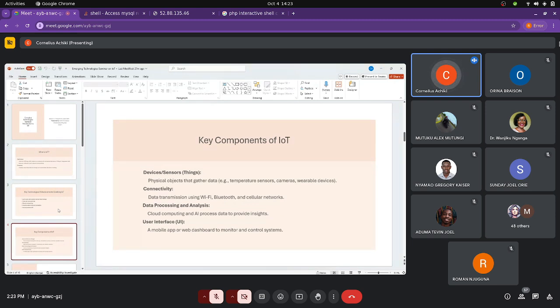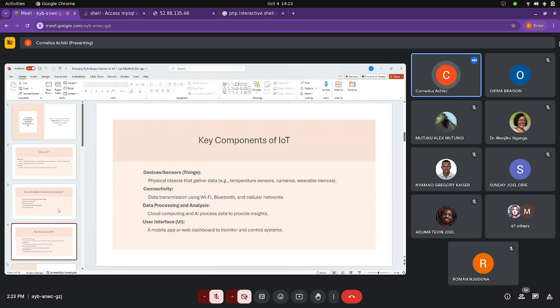So I hope we're getting the architecture. We have the fridge, we have the gateway, which communicates to the fridge on a certain protocol. And then the router has internet connectivity from the service provider that connects now to the cloud, which is now the data processing and the analysis.